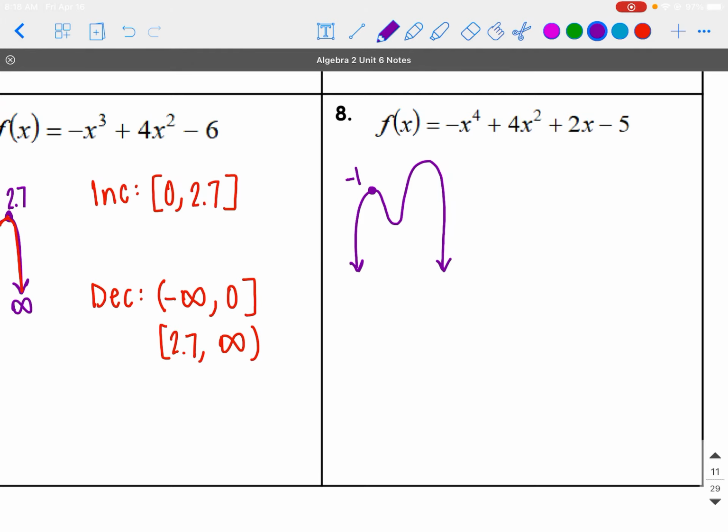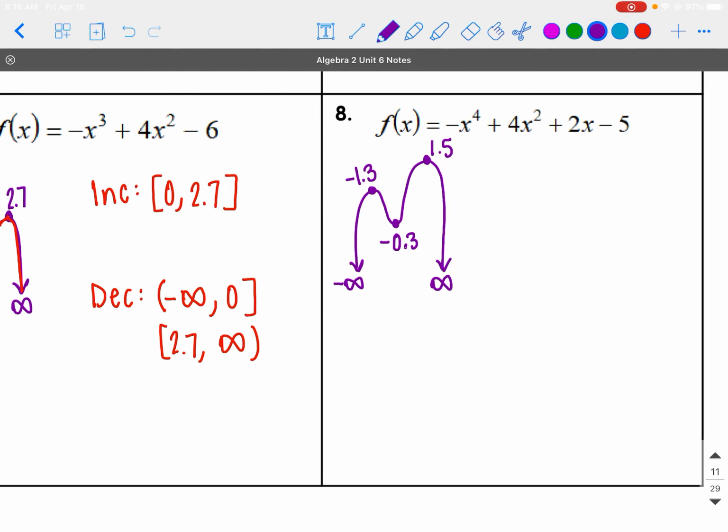This maximum had an x value of negative 1.3. This minimum was at negative 0.3. And the maximum at 1.5. And then our left side arrow gets negative infinity.